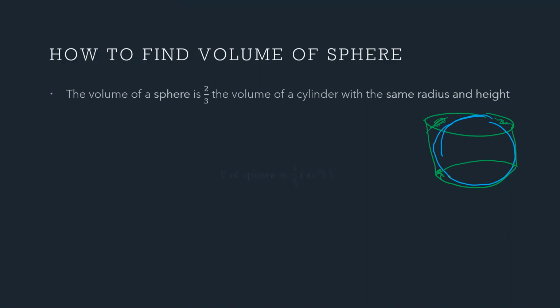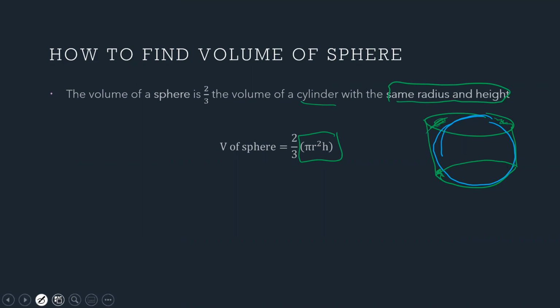So how does this help us? Well, if it's 2/3 of the volume of a cylinder, luckily we know the volume of a cylinder is pi r squared times height. We are also told that it has the same radius and the same height. Now, going back to basics, in a circle, the radius is the distance from the center to any point on the circle.